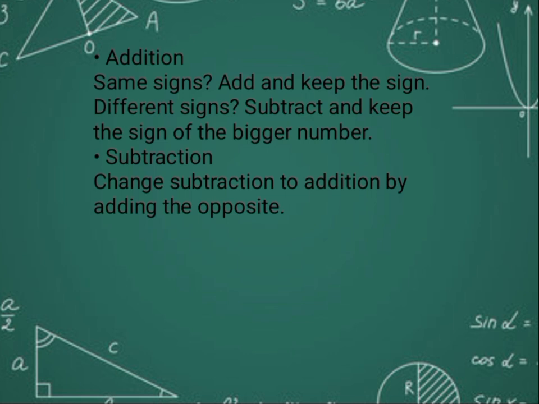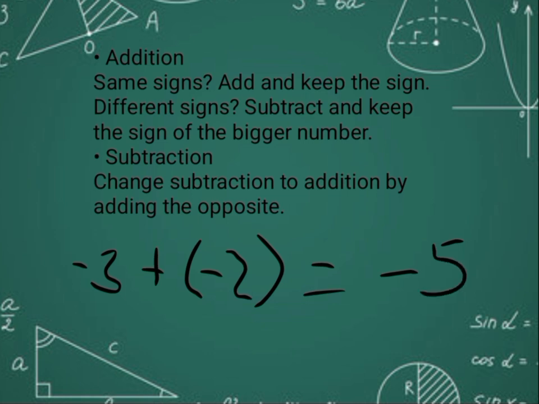For example, we have -3 plus -2 is equal to -5 because same signs, add and keep the sign. We have negative 3 plus negative 2, it is the same negative, so we add and keep the sign, which is negative.